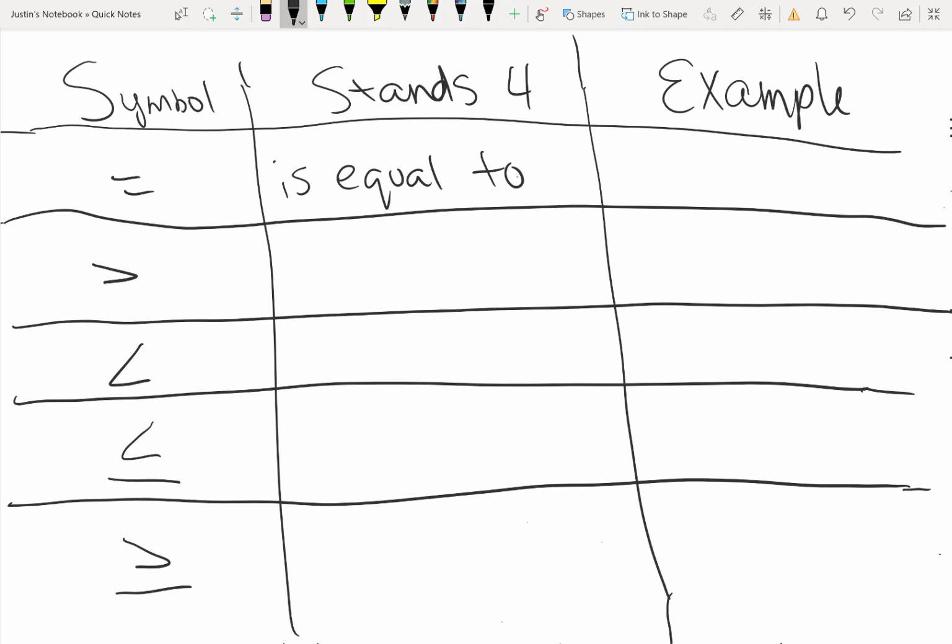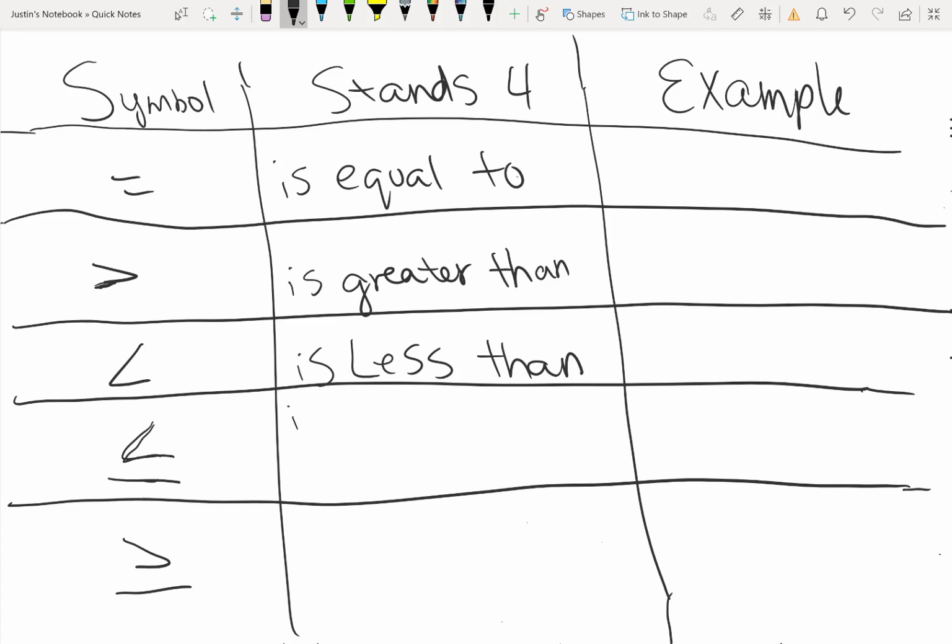Alright, the next one, when you see this, what does that stand for? It stands for is greater than. Alright, the next one is less than. This one, remember when the line is underneath it, so that'd be the same as less than or equal to.